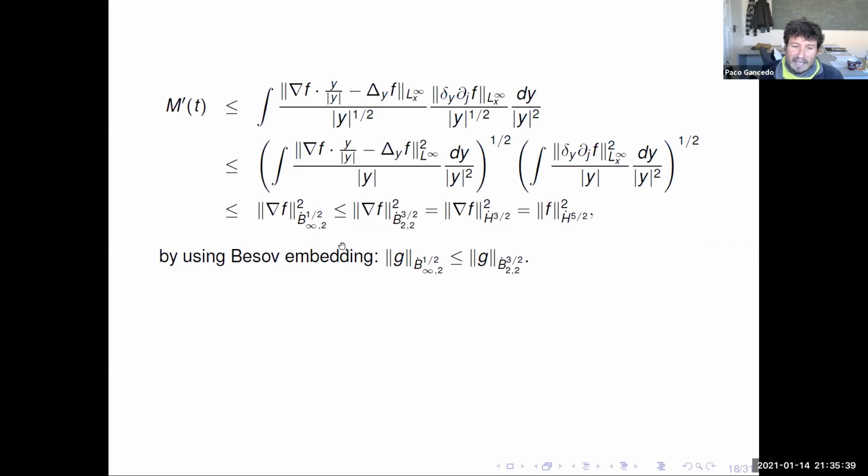Okay. Then I use embedding. We use embedding because we are in dimension 2. And then we have something like that. We use embedding.